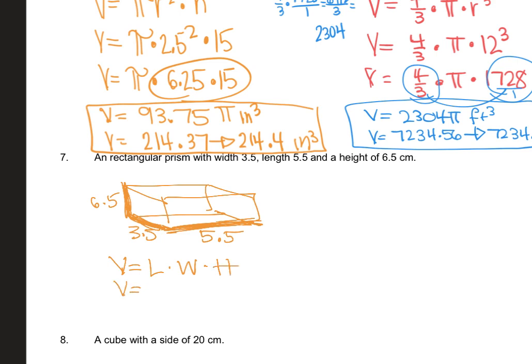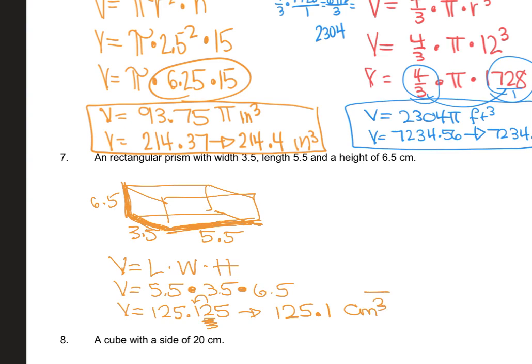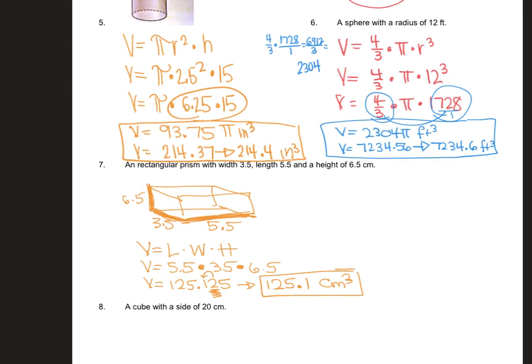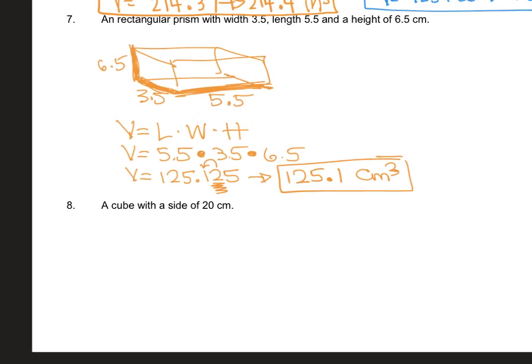So they gave me length is 5.5, width is 3.5, height 6.5. And I get volume is 125.125. I'm looking at that 2 to round, and it does nothing, so I have 125.1. And I am in centimeters squared. Cubed. Sorry.